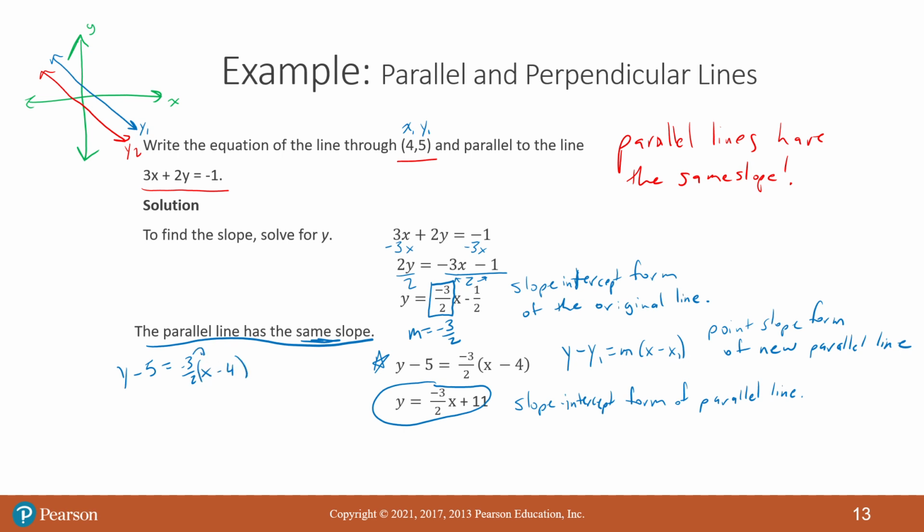First thing we'll do is distribute the slope to both of those terms. We'll get y minus 5 equals negative 3 halves x plus, I'll do it step by step. Negative 3 halves times negative 4 is positive 12 halves. 12 halves is the same thing as 6.